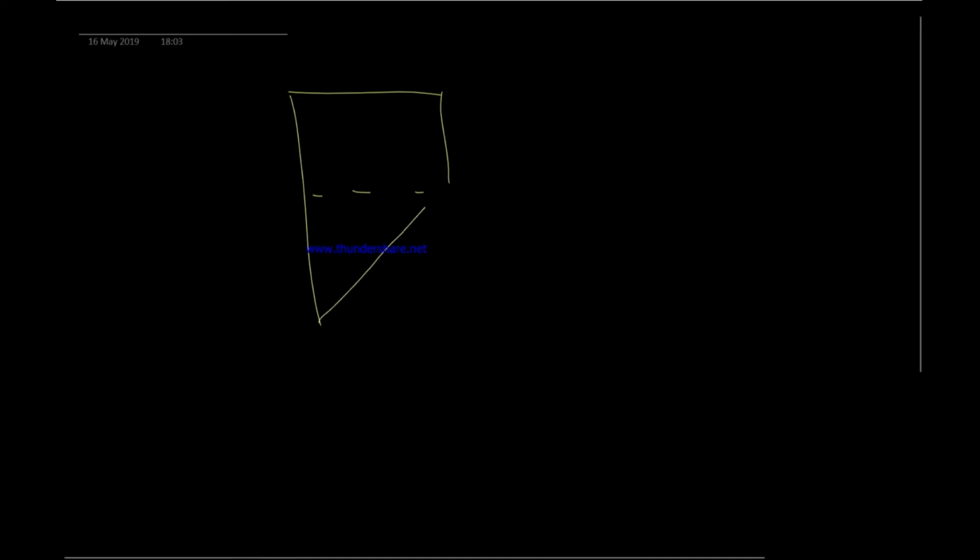So the displacement will be the distance between these 2 points. This is called displacement. We know this is 50 meters, this is 40 meters, this is 20 meters. So this distance will be 20 meters.